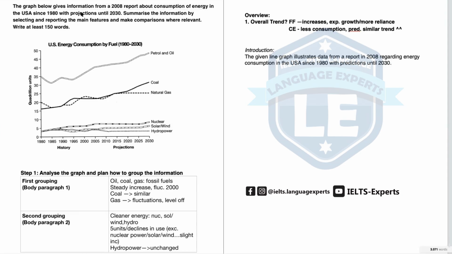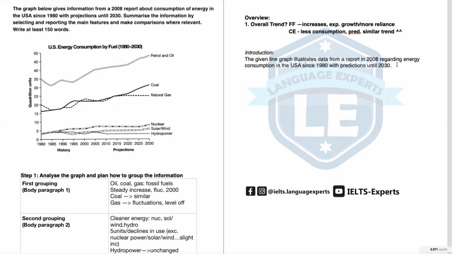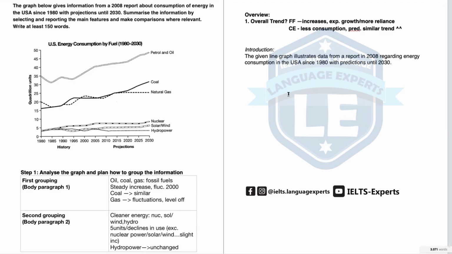But instead of saying with projections until 2030, I've said with predictions until 2030. So really, this comes with practice and knowing your synonyms. So you don't want to say the same thing. In fact, you want to use synonyms like data instead of information, or predictions instead of projections, because this will show the examiner that you have a great base of vocabulary and you're able to call upon these synonyms. So study up on this so that you are able to use these at a moment's notice.